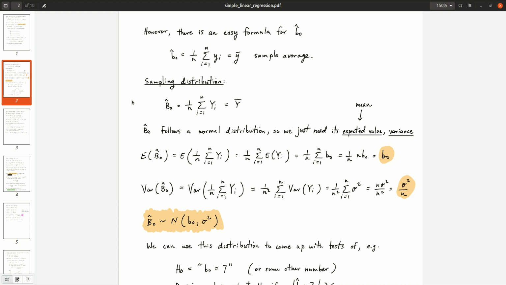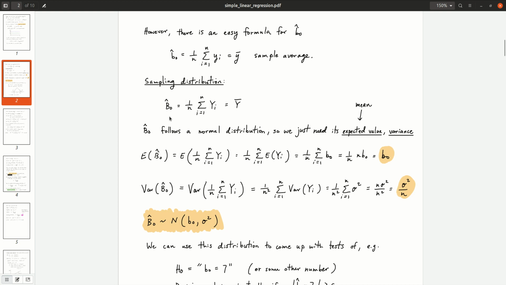This is convenient because it makes it easy for us to figure out what the sampling distribution of the estimator is. So remember our notation that little b0 hat is our estimate of the parameter b0. And that means it's just a number. It's something you can calculate on a computer. And it's a function of the data.